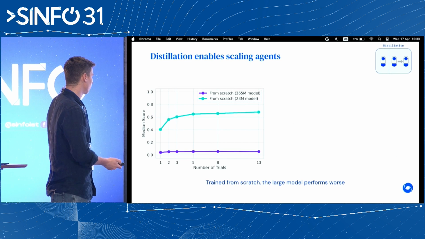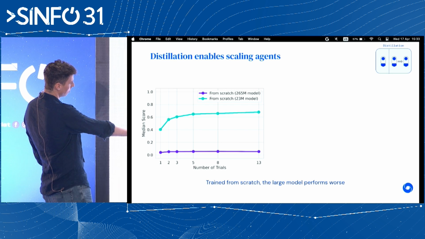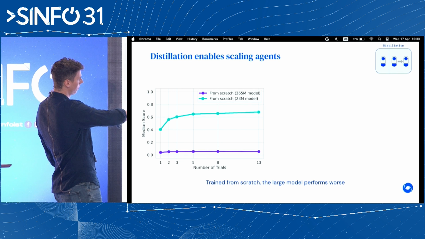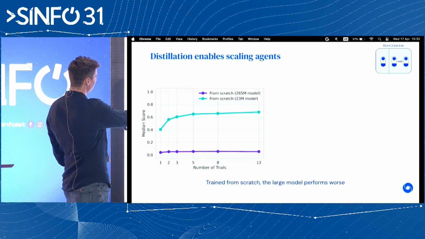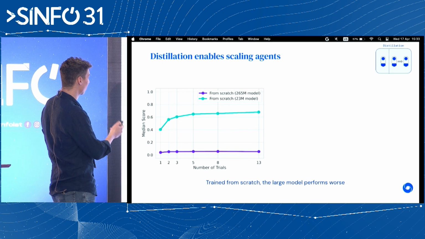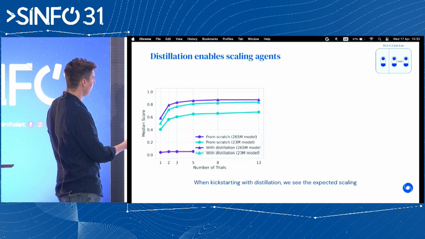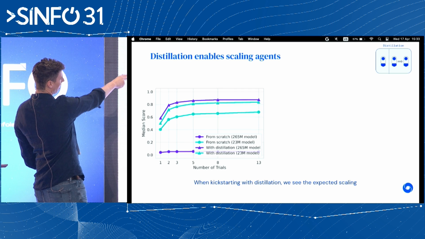So basically what we do, if we train from scratch, for example, a large model in blue or a small model in teal, we see that the large model doesn't perform that well, but we get some performance with a smaller model. But then if we use the smaller model to kickstart another small model or a large model, then we see that actually the colors invert.